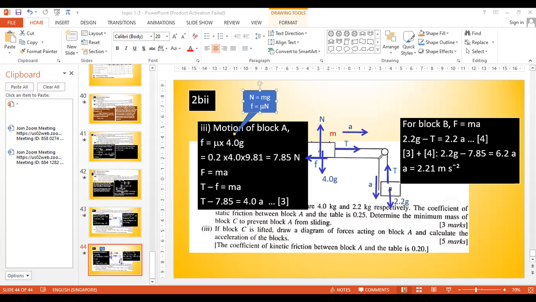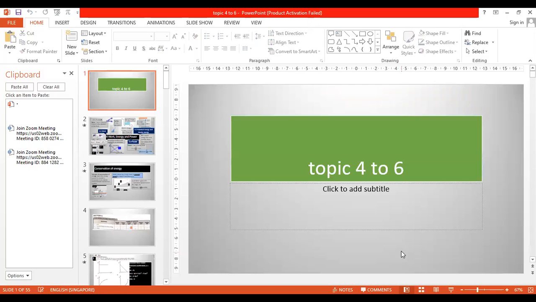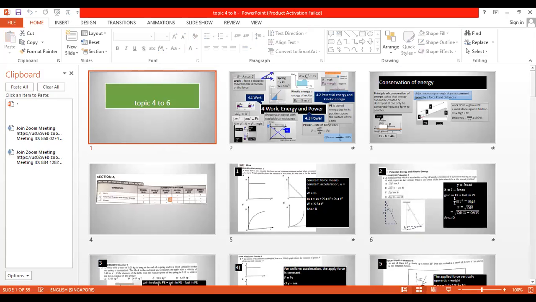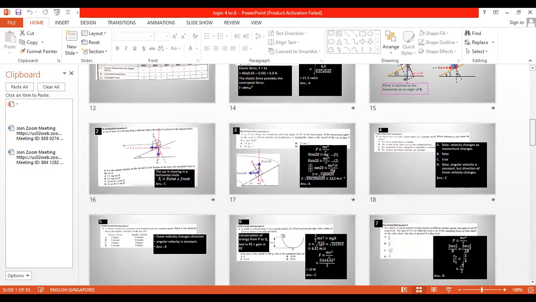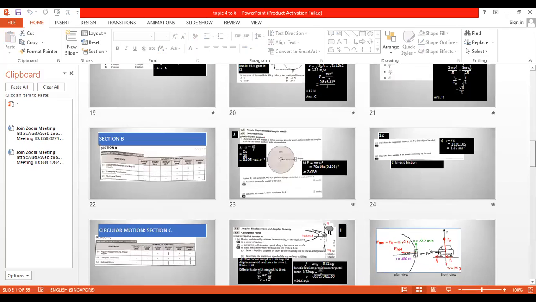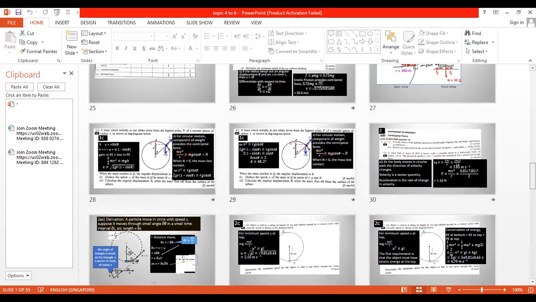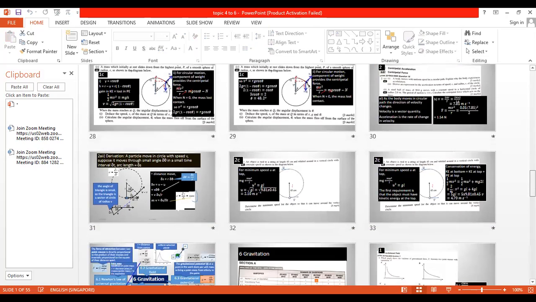Chapter 5. This last part, you need to do the question. No choice already. You don't do, you cannot answer the question. Make an effort.